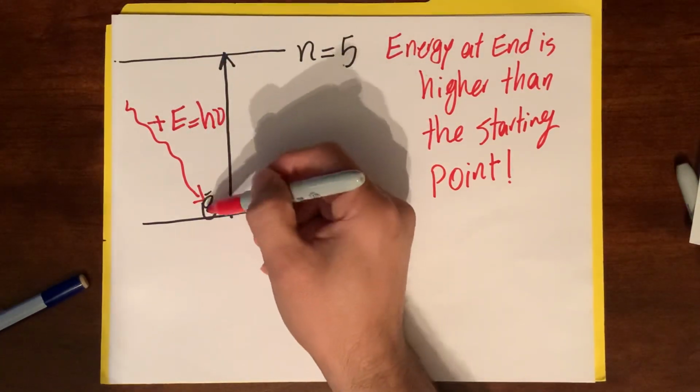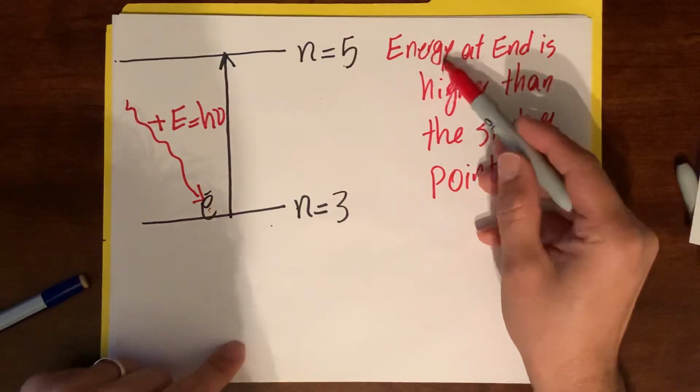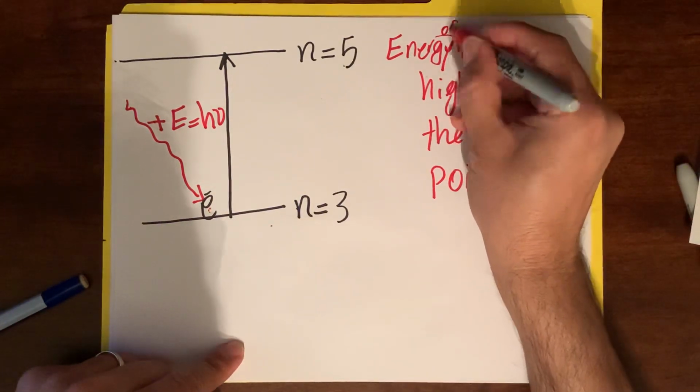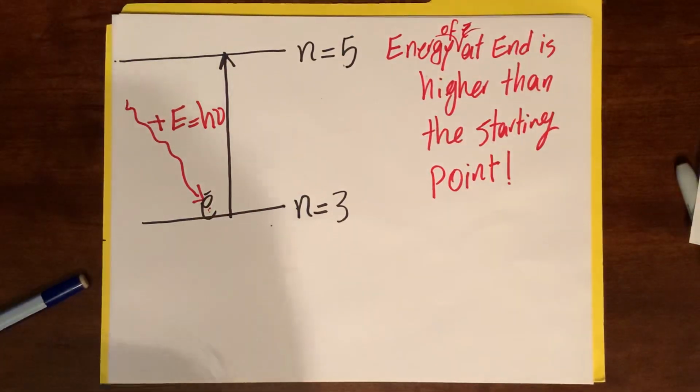So energy of the electron is going to be higher.